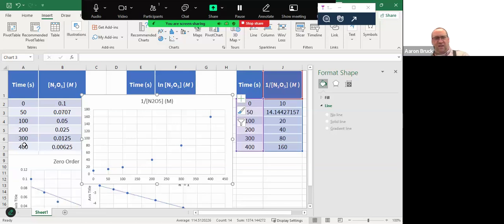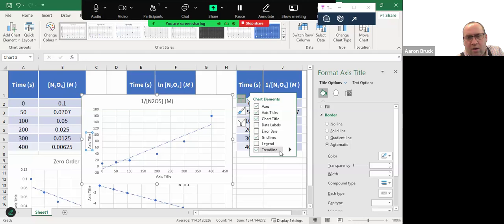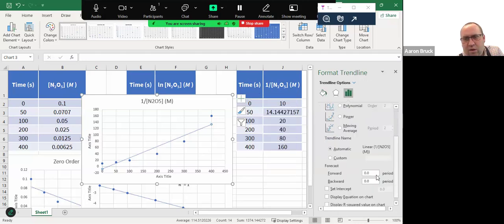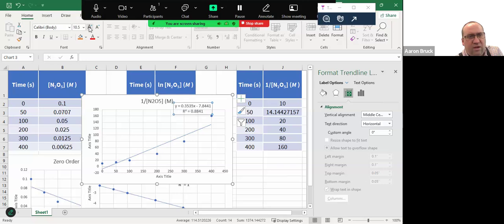And we can see that it is curving. So it's really not that much better than the first plot was.